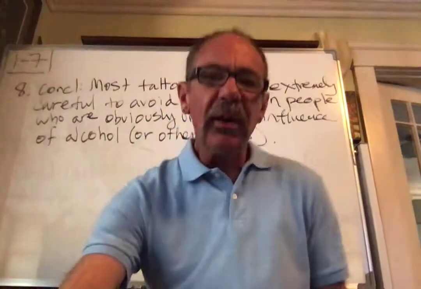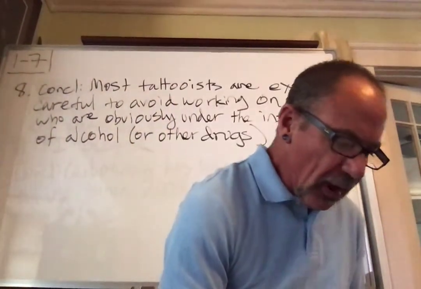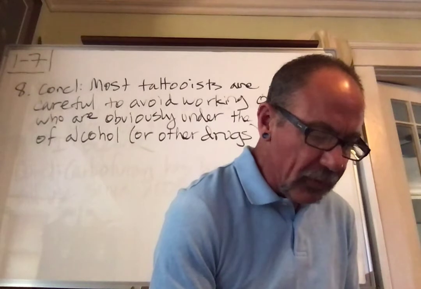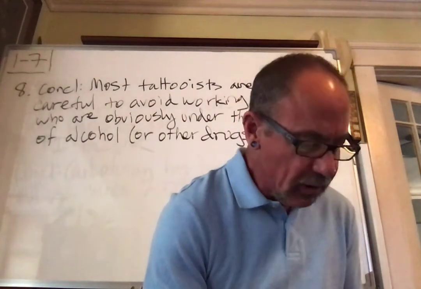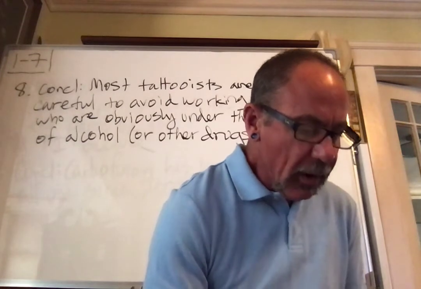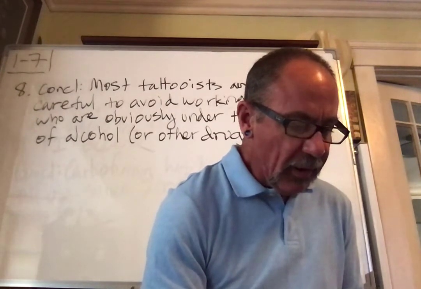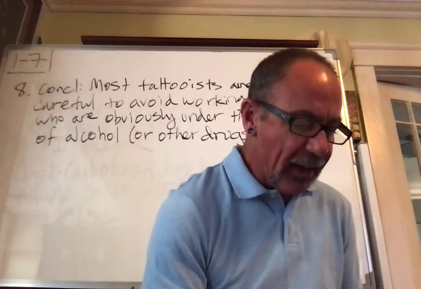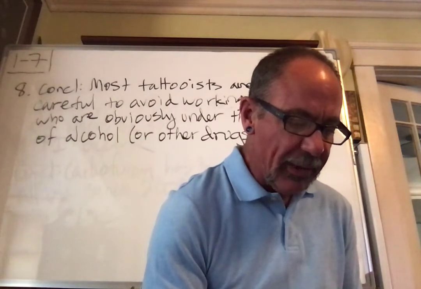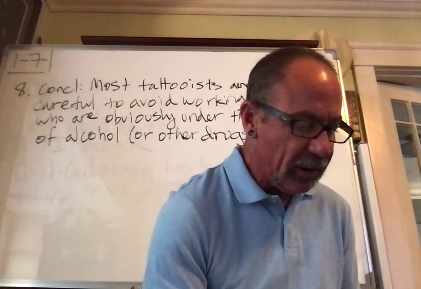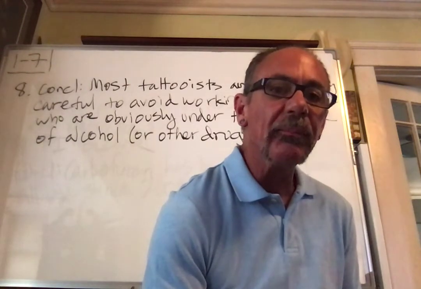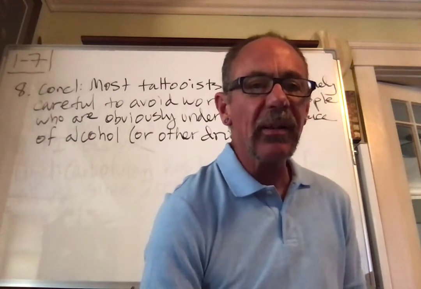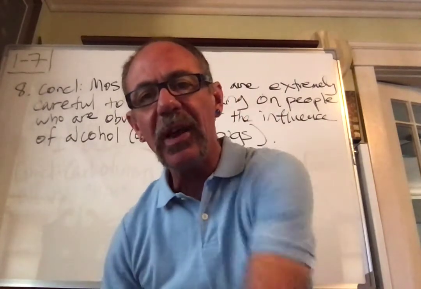You might wonder why I've included or other drugs, given that the first premise is talking about drunken clients generating conflict in the shop. Well, look at the following. Tattooists are aware that tattooing someone who is not entirely free to choose the procedure has the potential to cause trouble. Why might someone not be entirely free to choose to get tattooed?